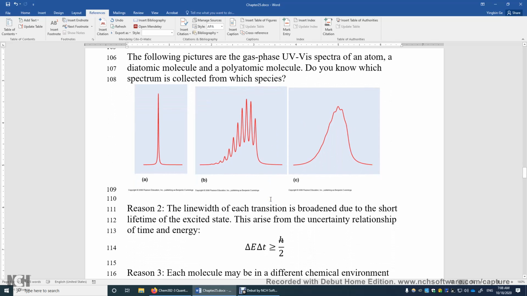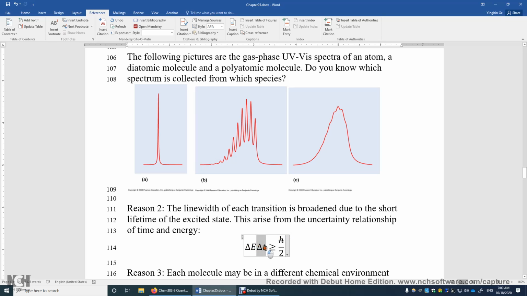The second reason is from the Heisenberg uncertainty principle. The line width of each transition is broadened due to the very short lifetime of the excited state. This is a different form of Heisenberg's uncertainty principle.